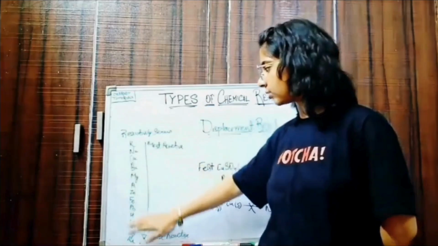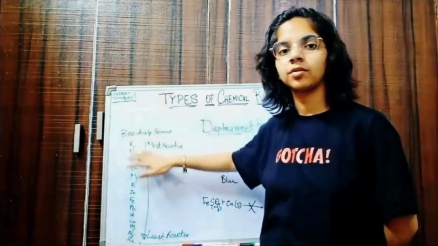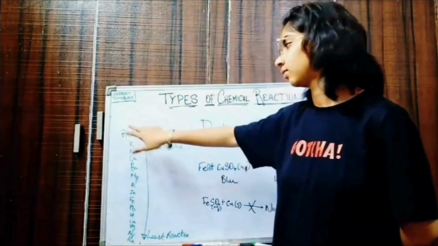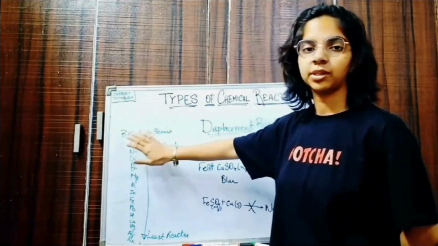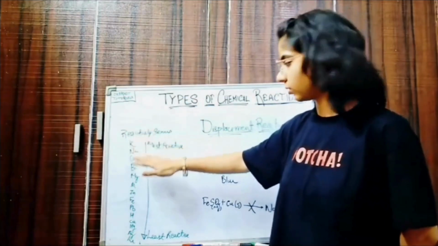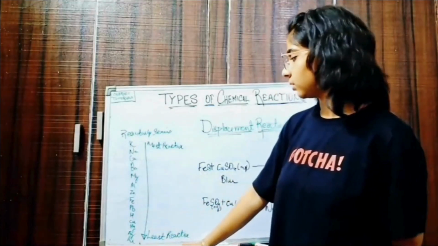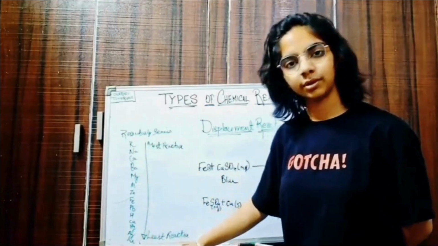Now these are arranged from the most reactive to the least reactive. It means potassium at the top is the most reactive, then sodium, calcium and the rest of the elements in this arranged order, right?